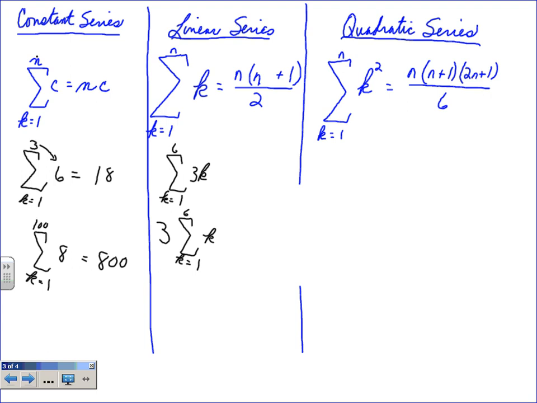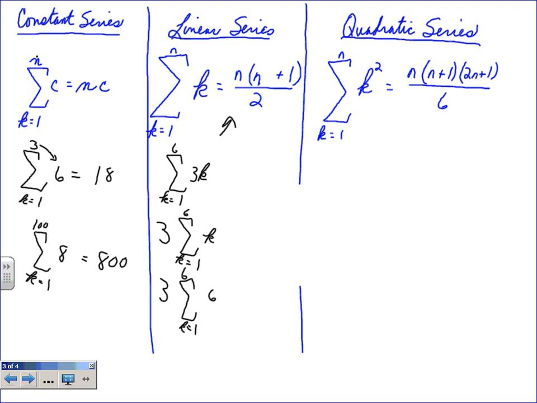And if you have a linear series, 3k is linear, right? We know how to recognize a linear equation. The way we work this is 3 times the sum formula, where n in this case is 6. Look at your formula up here.